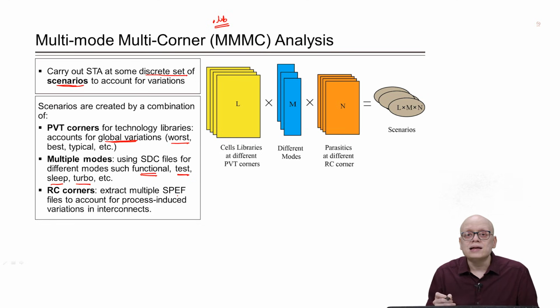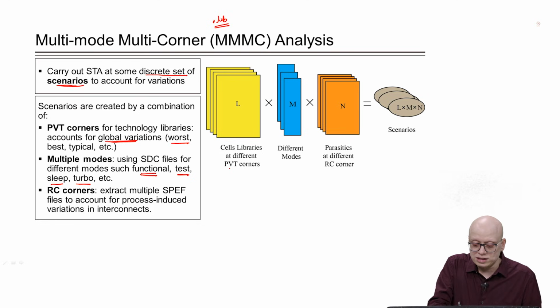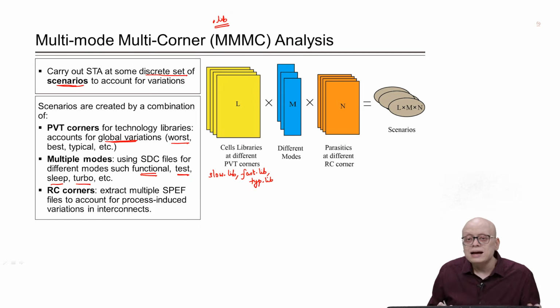Suppose in our design there were three corners and three .lib files. One was, say, slow.lib, the other was fast.lib, and the third one was, say, typical.lib. And there were, say, 4 modes in our design.